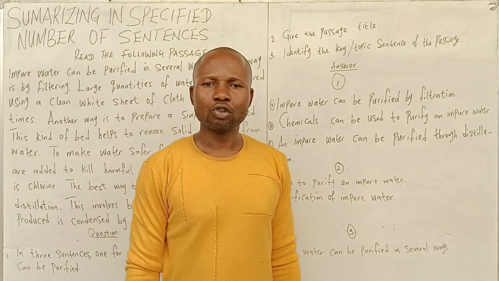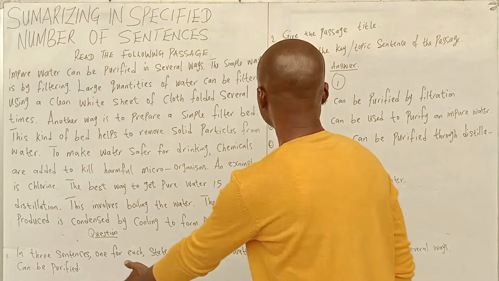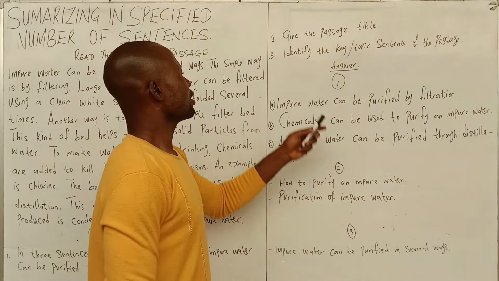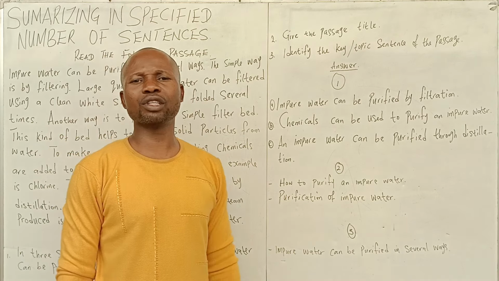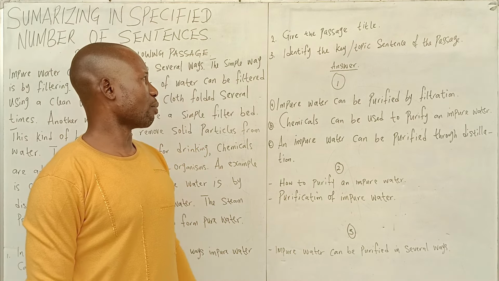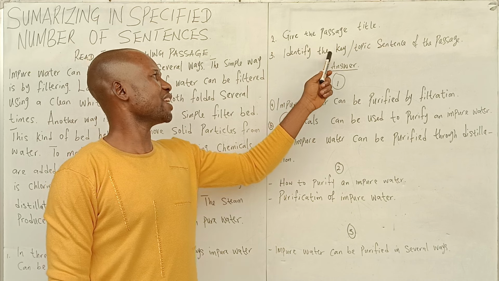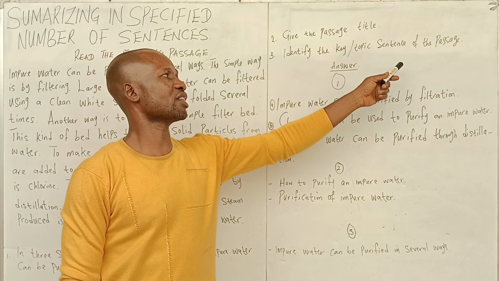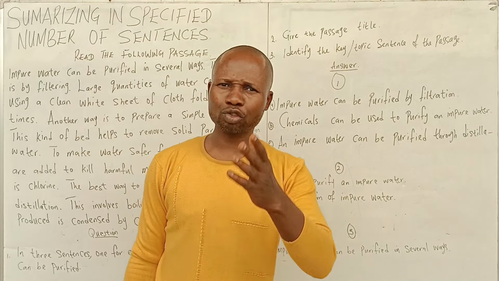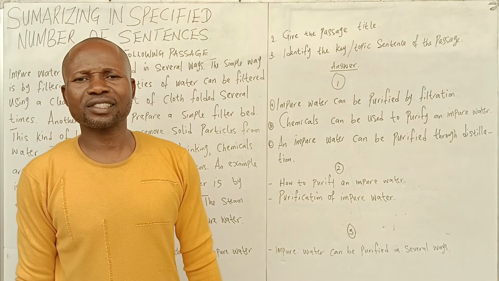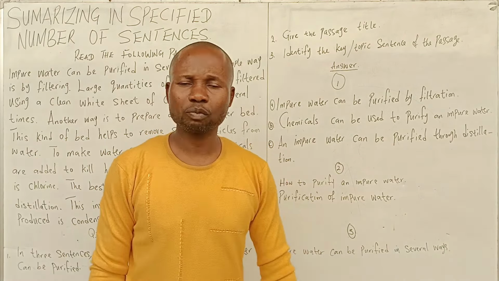Number 2 is to give the passage a title; we are going to look at how we can give it a title. Number 3, identify the key or topic sentence of the passage; we are going to look at how to identify the topic sentence of this passage.